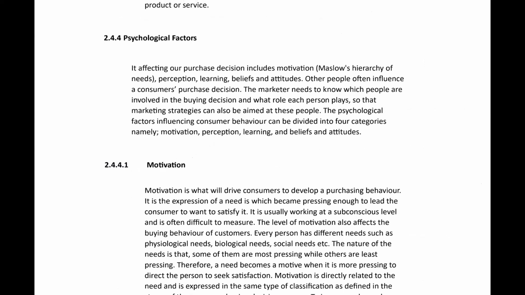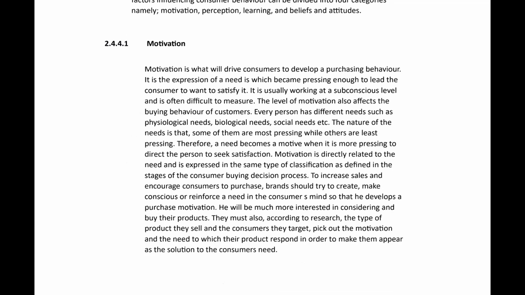As he was ranking them, the needs were ranked and grouped into some categories, okay? So let's look at motivation. Motivation is what will drive customers to develop a purchasing behavior. That is the expression of a need, which became a pressing need.